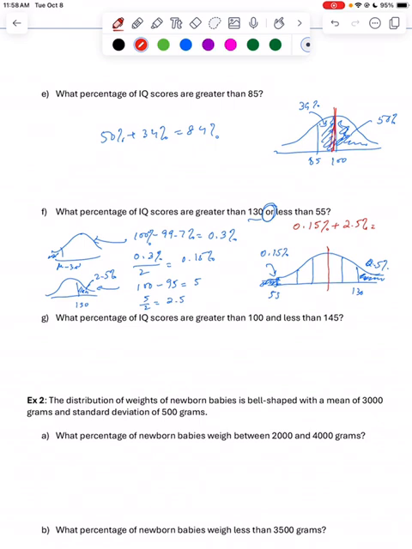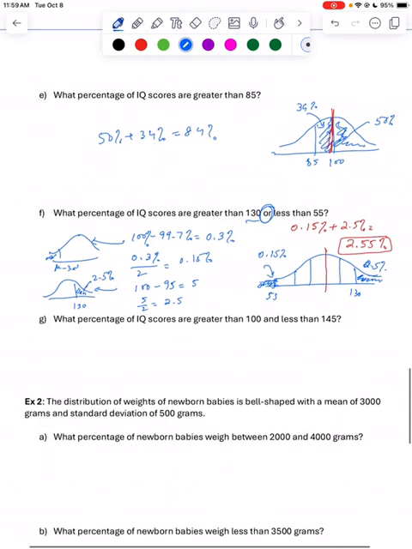And now the last part: what percentage of IQ scores are greater than 100 and less than 145? So now we have greater than 100, which means to the right of 100, and 145. So 145 is coming at 3 standard deviations.